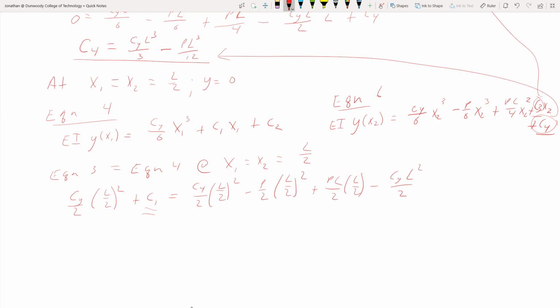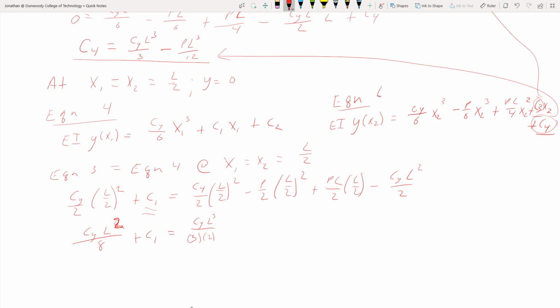So we get Cy L to the 4, L squared, excuse me, over 2 times 4, 8 plus C1 equals C4. C4 was Cy L cubed over 3. So we multiply by 1/2 from here times L squared over 4. Oh, sorry, I'm jumping ahead. So it was L. Alright, so that's L cubed over.